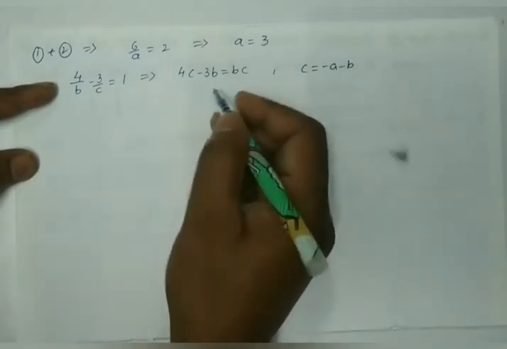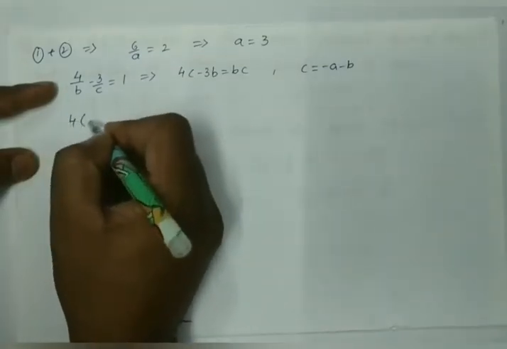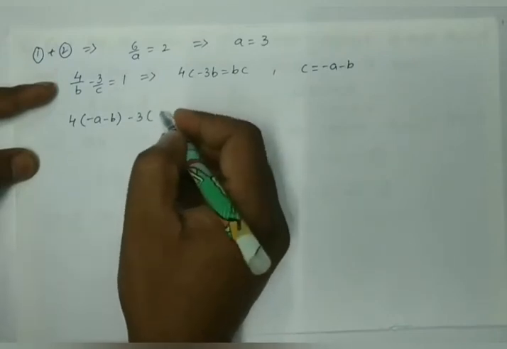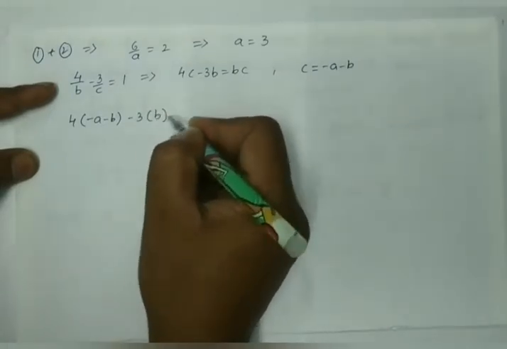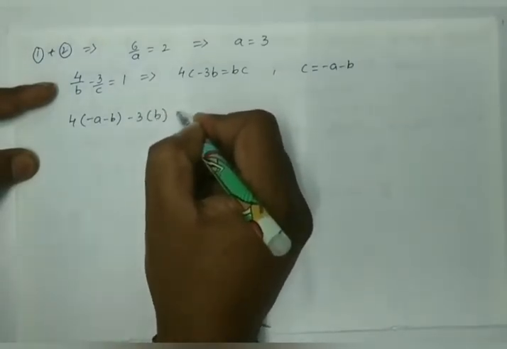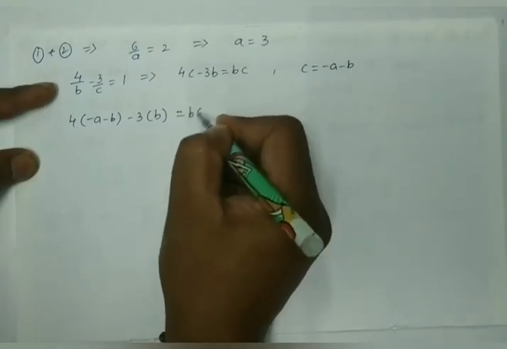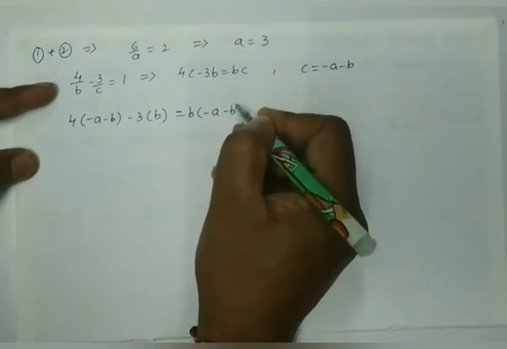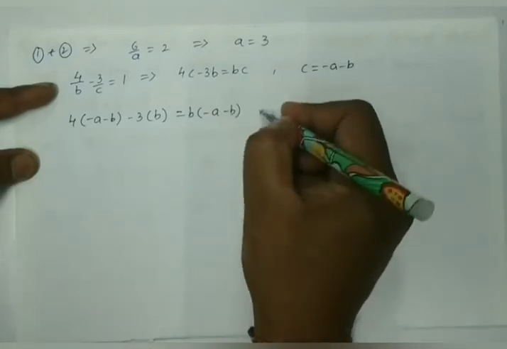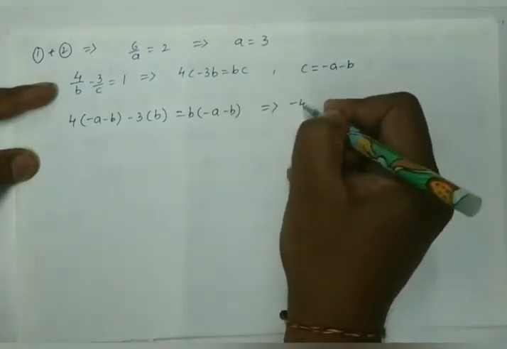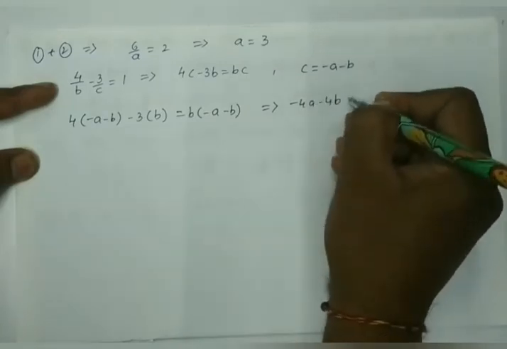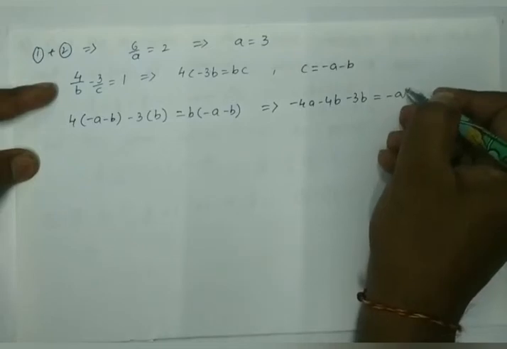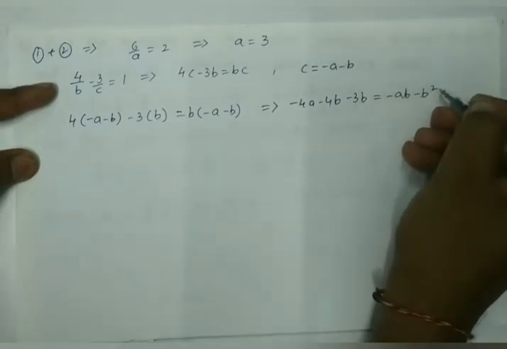Therefore this equation becomes 4 of c, which is minus a minus b, minus 3 of b, is equal to b of c, which is minus a minus b. Which implies minus 4a minus 4b minus 3b is equal to minus ab minus b square.